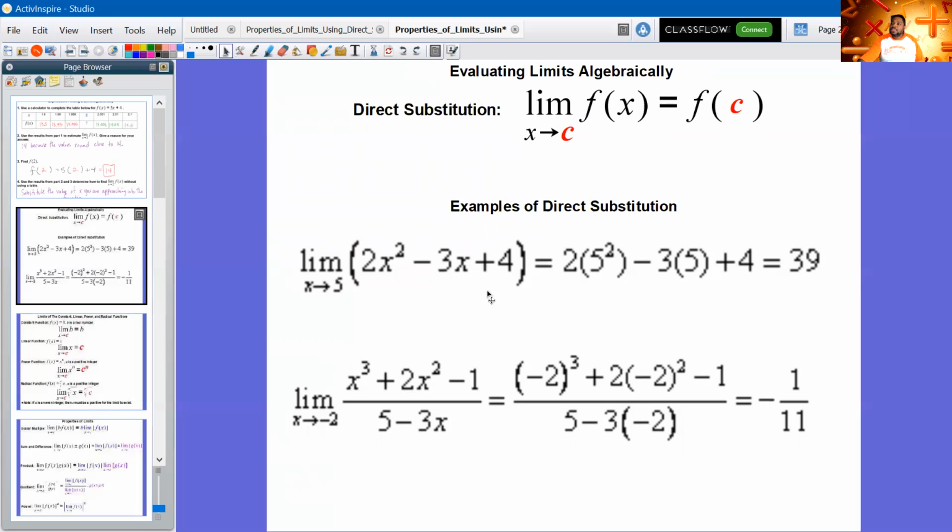And here are some examples of using direct substitution. So to find the limit of this polynomial, all we're doing is substituting 5 in for x and evaluating the function. Same with this fraction, the number you are approaching here in this case is -2. All you do is substitute it into the function and evaluate the function at that value, and you get a limit.